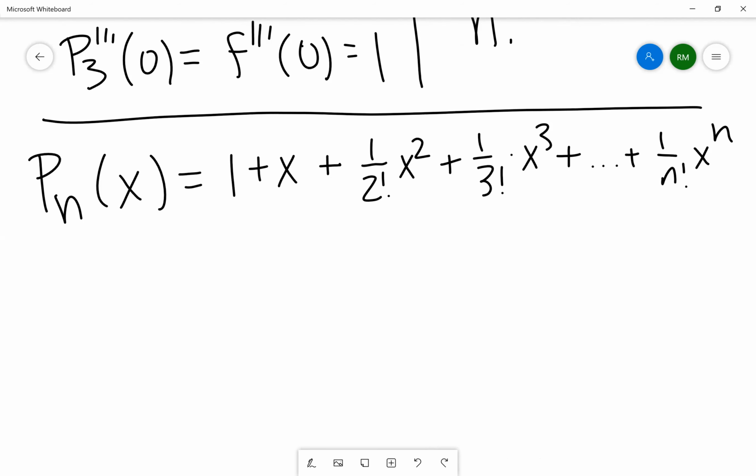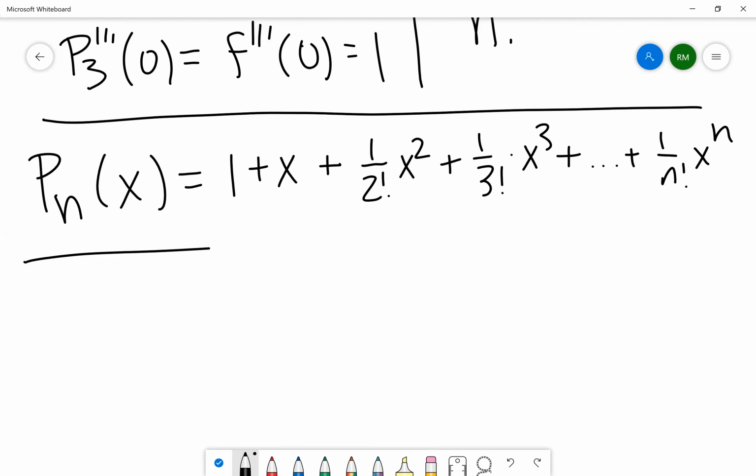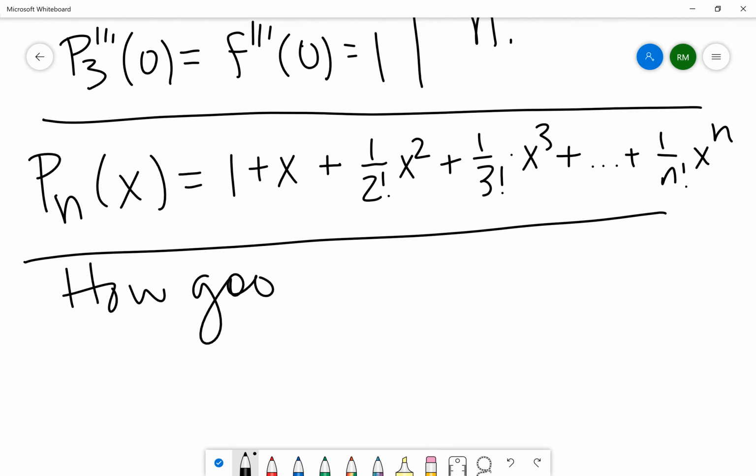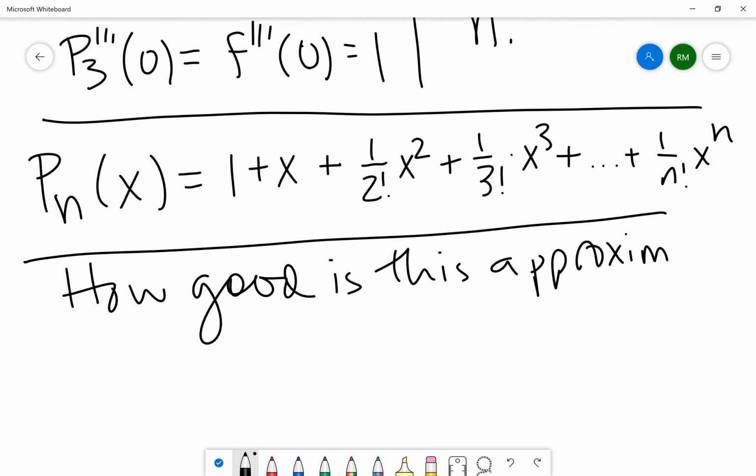All right, well, let's see how good of an approximation it is. How good is this approximation? All right, let's find out.